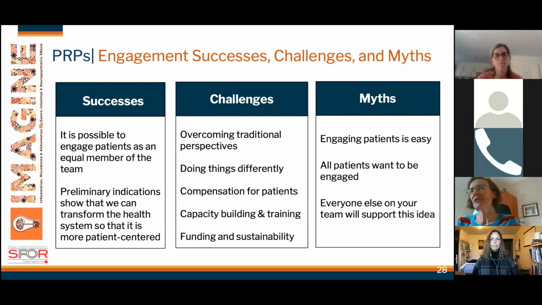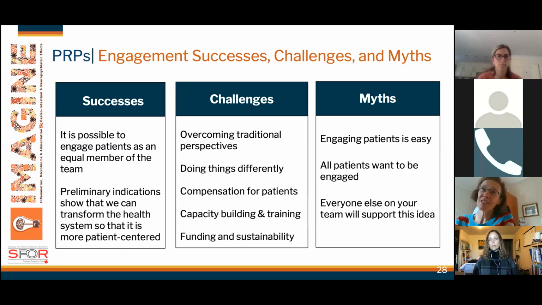But just very briefly to say, on that absolutely positive success side, I would say it is possible to engage patients as equal members of the team. And not everybody has really had this experience yet.